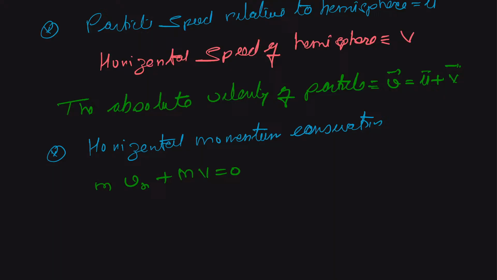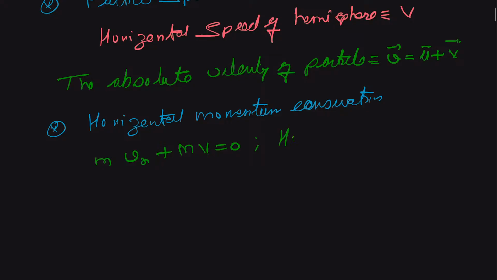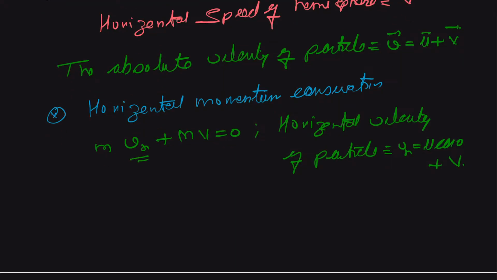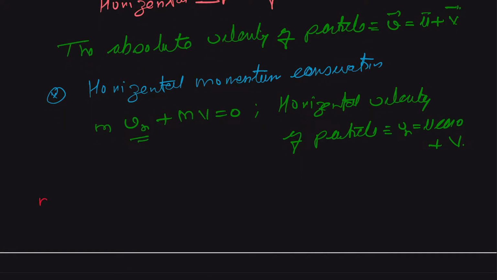And we know that the horizontal velocity of the particle, which is v of x, will be equal to u cos theta plus V. So we substitute this v of x here and we get m times (u cos theta plus V) plus M V is equal to 0.